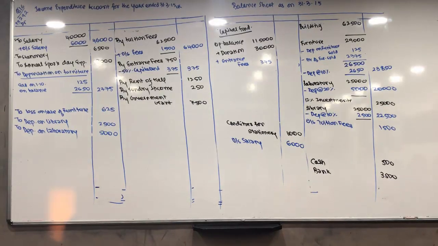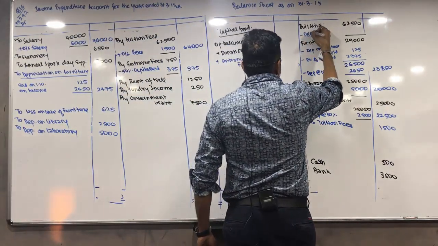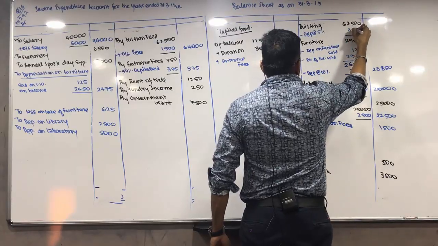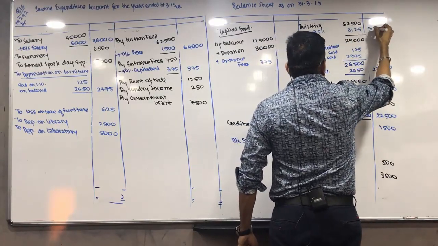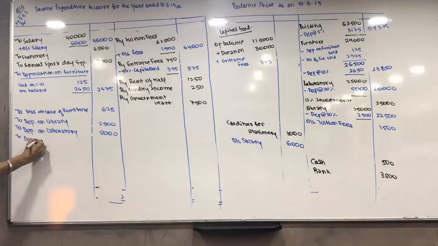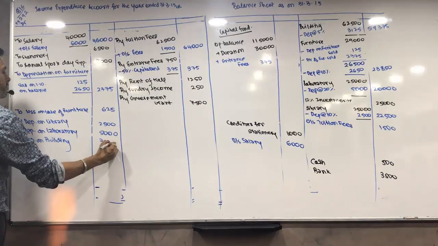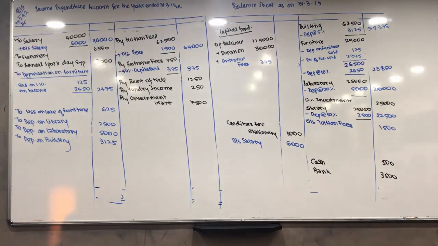Then 5% on building. Second effect, to depreciation on building. Give the two effects. Start closing.